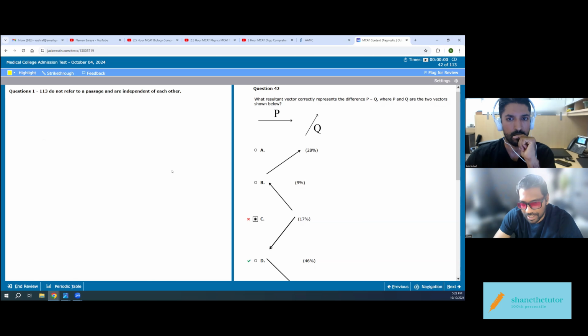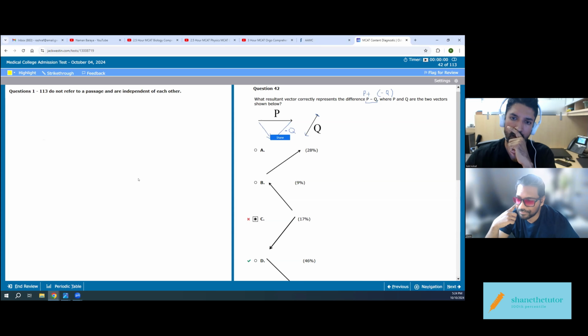So here they're saying P minus Q, so I take that to mean P plus negative Q. They give us P here, and they give us Q here, regular Q. If I make this regular Q go in its opposite direction, this is now negative Q. And then you can do your tip to tail. So that would be like this, for the negative Q, and your resultant would be that, right? That's easy.